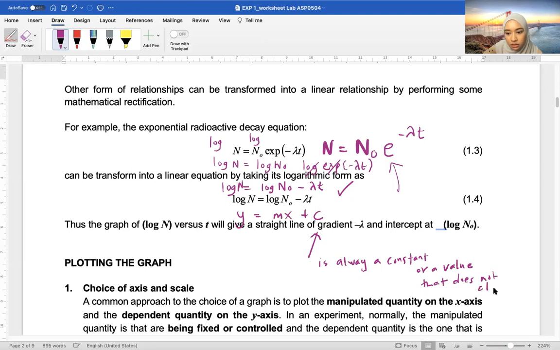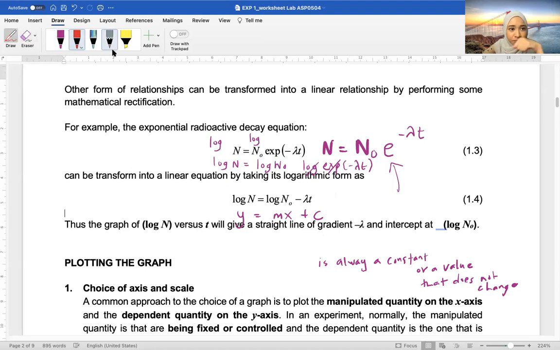If we are looking at this equation, which one looks like the c? Can anyone tell me? Which one looks like the c? What is the value that will not change?